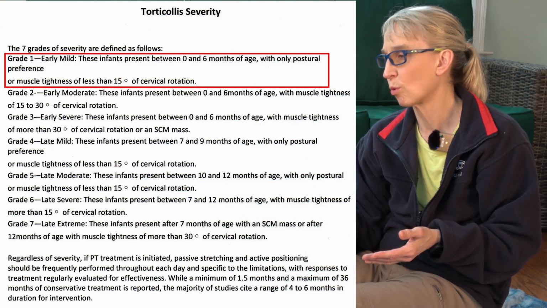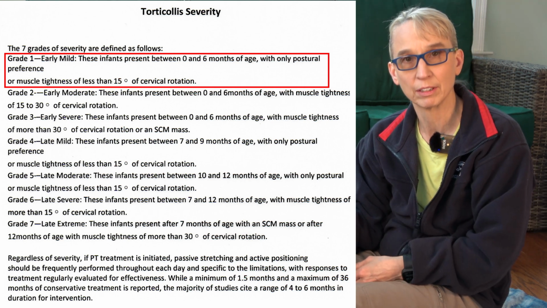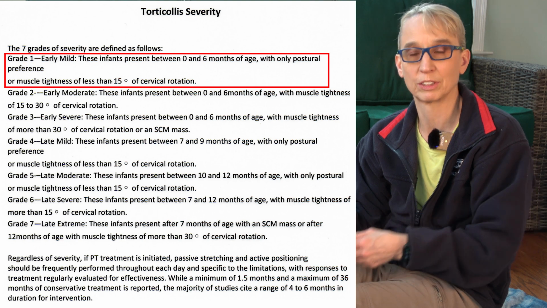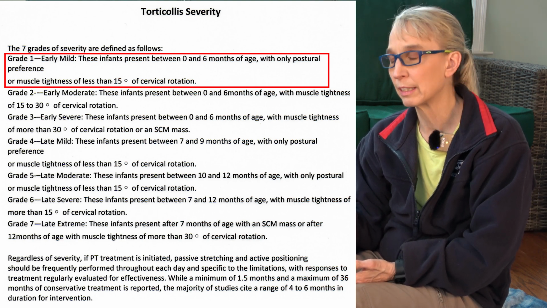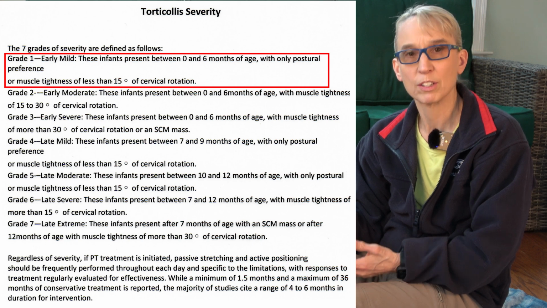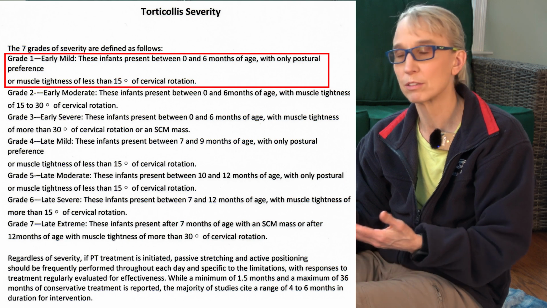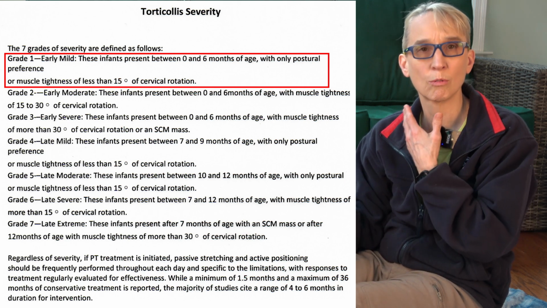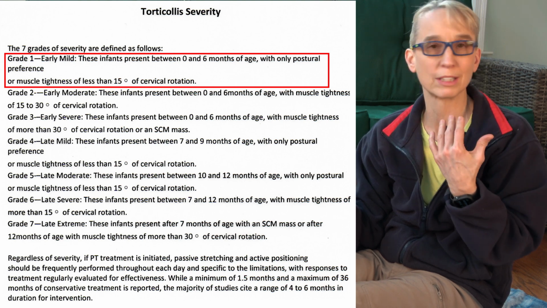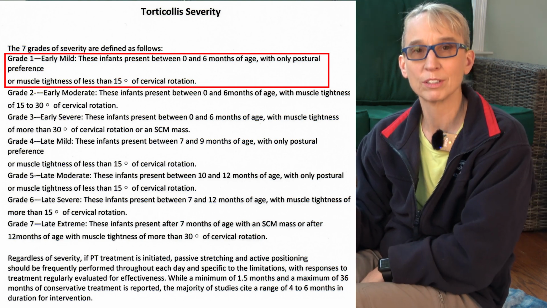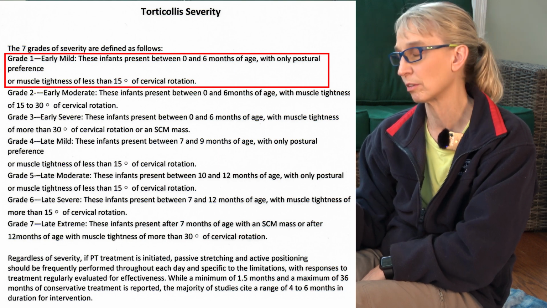And then if you're older than 6 months old, then you end up in 4, 5, 6, and 7 degrees of severity. So grade 1 is early mild, and in these children, there is simply a postural preference to look one way, but there is either no range of motion differentiation between the sides, they're both the same, or 0 to 15 degrees of difference between the sides of rotation.